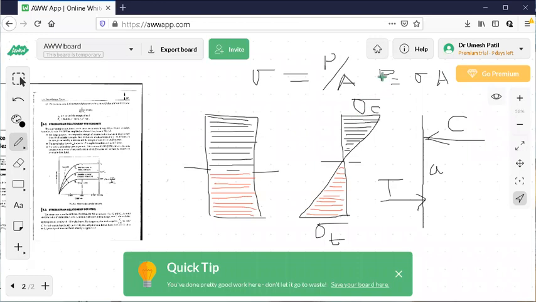If I know the stress in each layer and the area, I can find the force acting in that layer. Am I clear to all of you? Any questions? Anybody has any questions here?